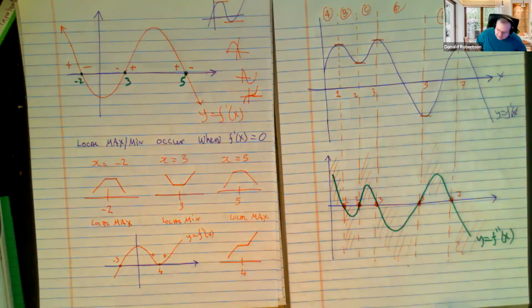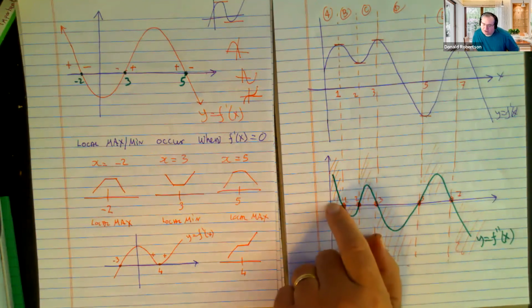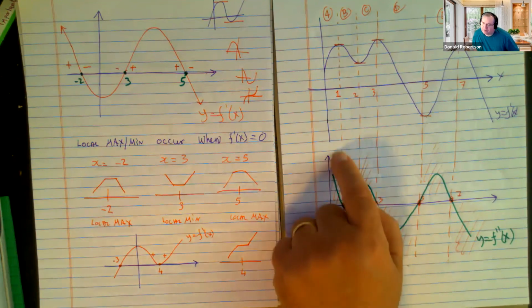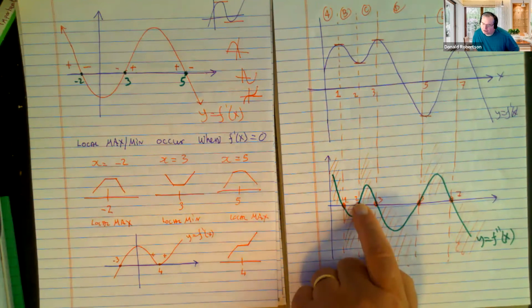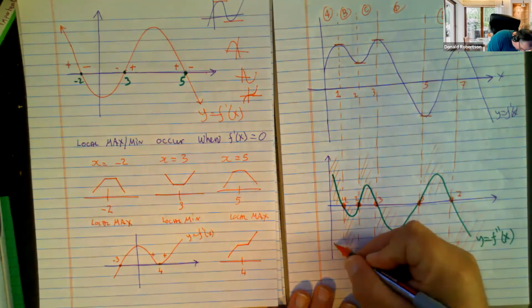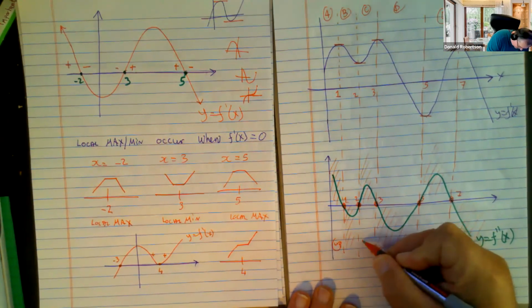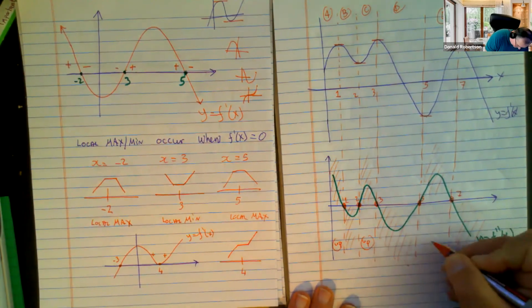Now from that, isn't it a lot easier to tell concave up, concave down? For instance, from 0 to 1, isn't it concave up? From 1 to 2, it's concave down. So I'll just put them up, right? Up, up, up.